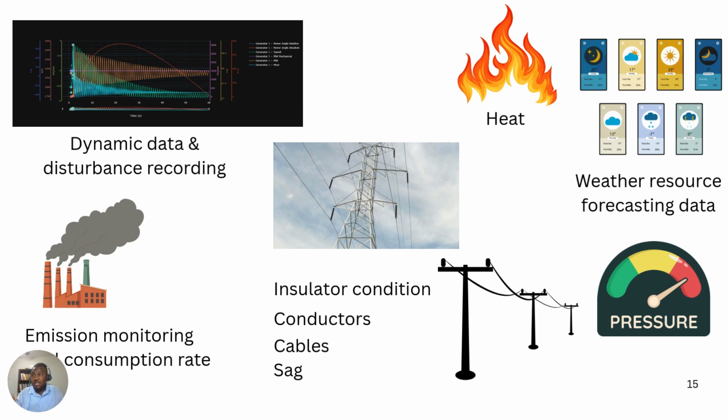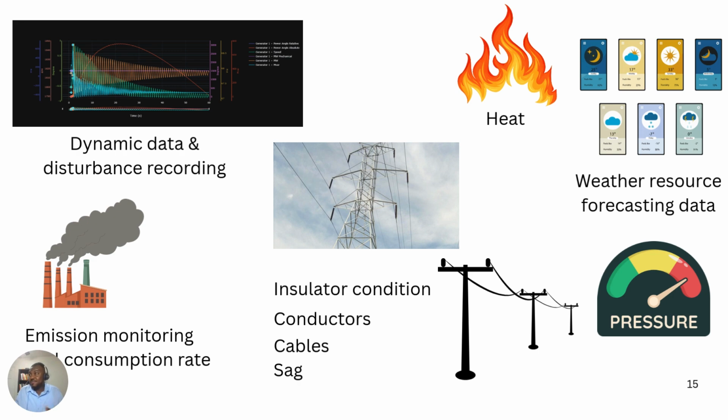Once there's heat, there will always be some sag. And when the ambient temperature changes and the place becomes very cold, there's a possibility of contraction. So now you need to understand the contraction and the expansion of the lines and if they are within acceptable means.